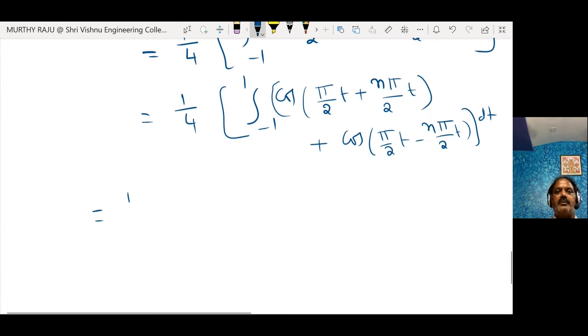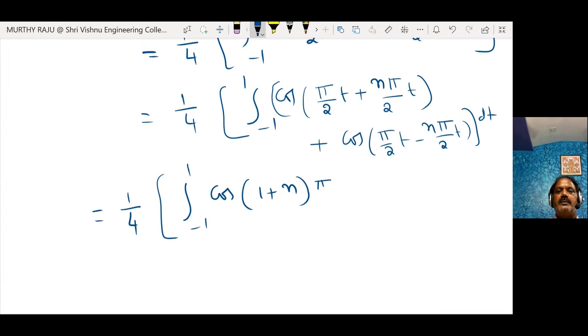That is equal to 1 by 4 integral minus 1 to 1 of cos of 1 plus n pi by 2 into t plus cos of 1 minus n pi by 2 into t dt.